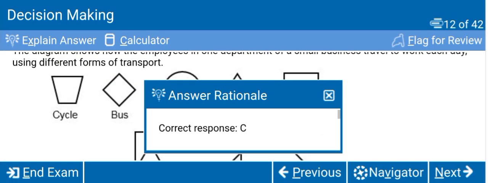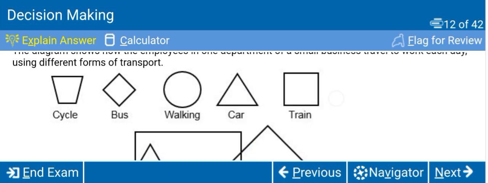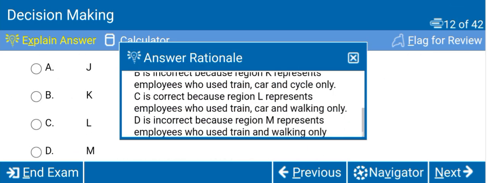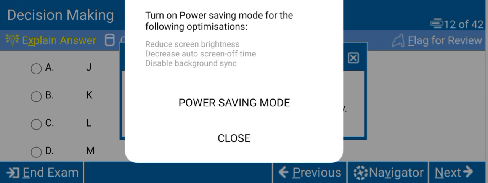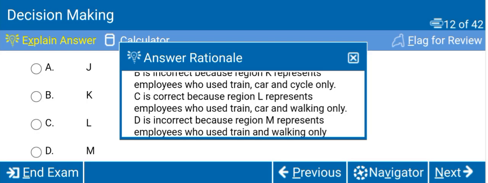Option D is incorrect because region M represents employees who use train and walking only. So that's why the correct option is option C only, which is L. So C is the correct option.